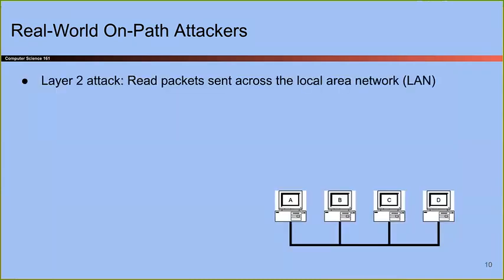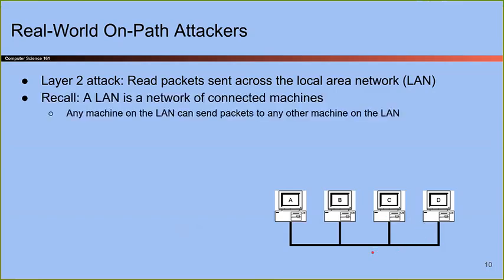And that's at layer 1. There are also ways to do this at layer 2. Remember, layer 2 is the local area network. We have all these computers linked up with a wire or some other layer 1 protocol. Because this is a local network, anybody can send packets to anybody else. Some LANs, especially older ones, use something called broadcast technology.